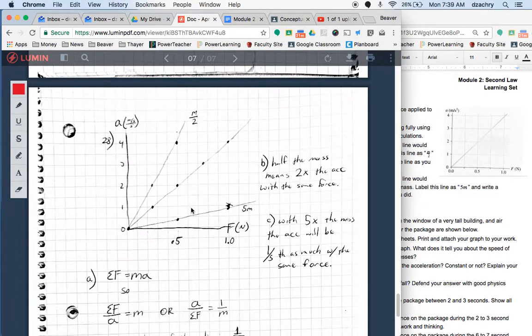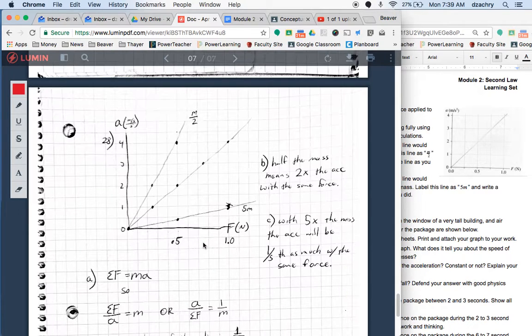You can use numbers to do that, but if I look at this, at this force I had 1 meter per second squared of acceleration, so now I'd have 2 meters per second squared. Here, I had 2 meters per second squared, so now I need twice as much because the mass is half as much, and so the acceleration is 4 meters per second squared.